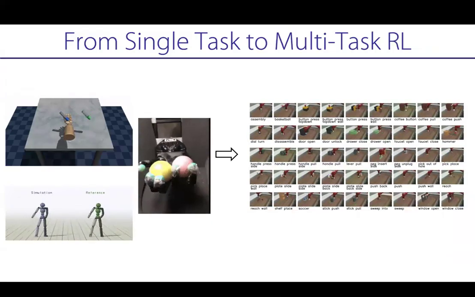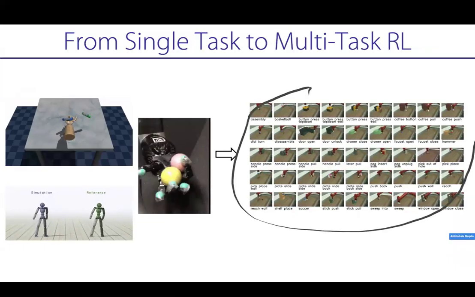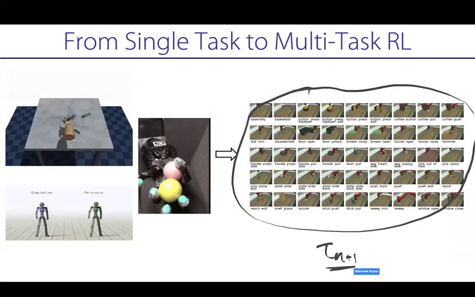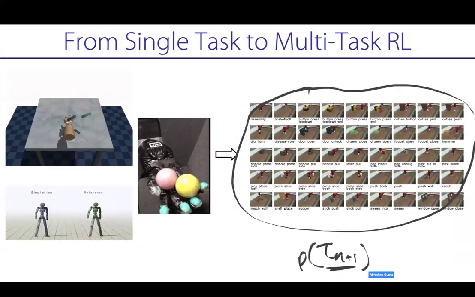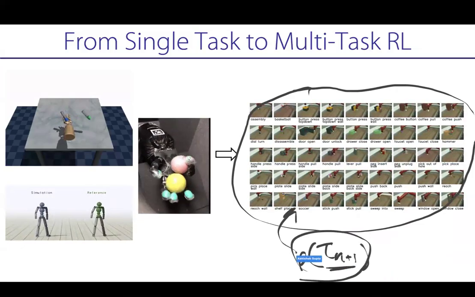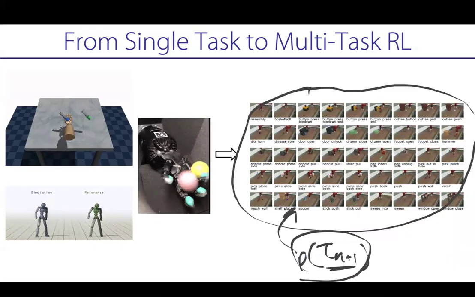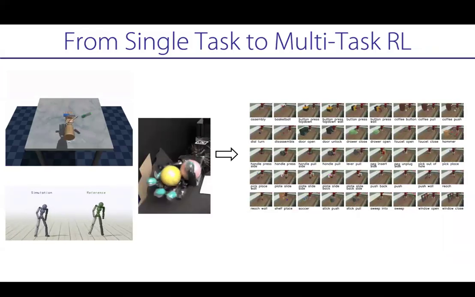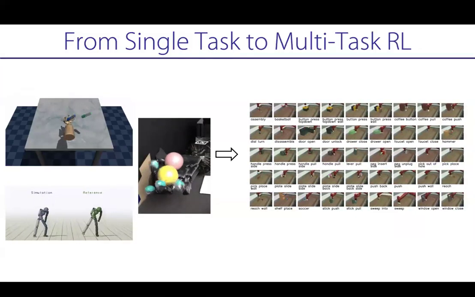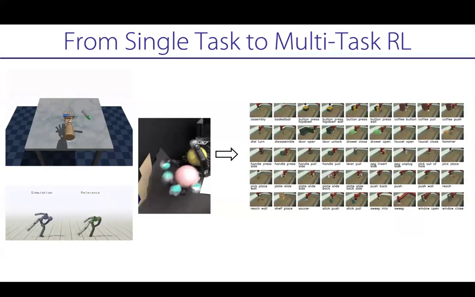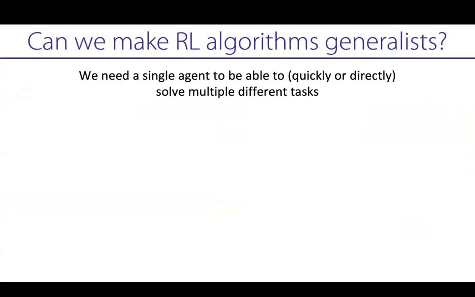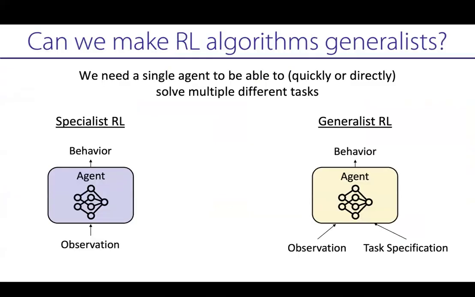So these characterize a distribution implicitly, but if I'm given task n+1, it's hard for me to know if they're the same distribution or not. So I think an interesting question that I don't think we really know the answer to is how do you characterize distributions of problems and how do you compare tasks to each other? The metric is not very clear. And so I'm going to use this formalism, but know that I don't fully understand it. I don't think anyone really does. And so that's an interesting question.